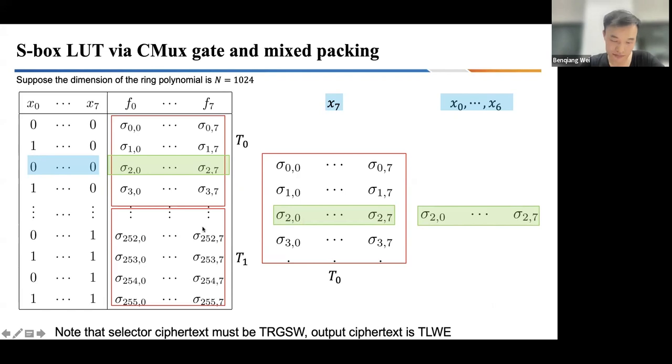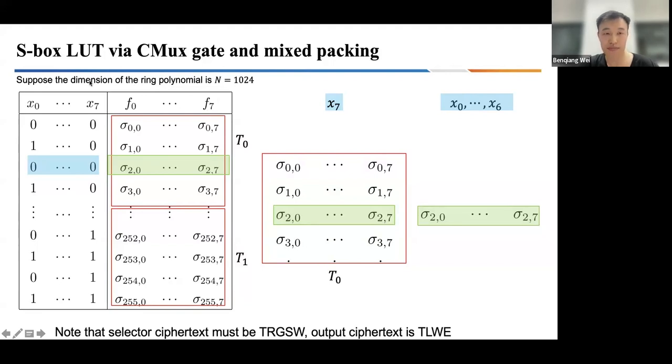Specifically, for the 8-to-8-bit S-box lookup table, we can list all the inputs and outputs, which means we have 256 lines. And don't forget that this table is publicly available, so it can be viewed as plaintext.